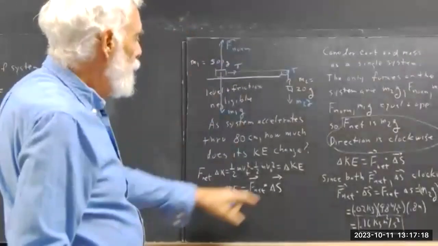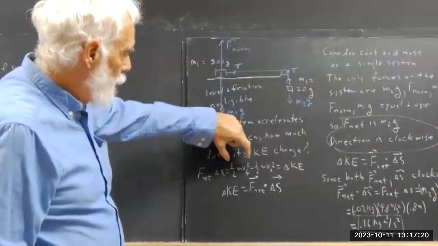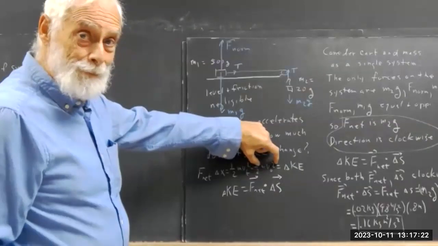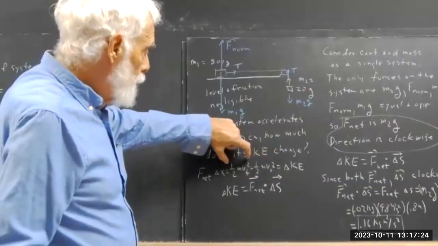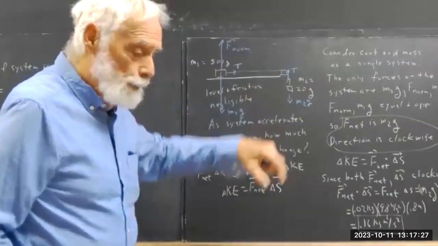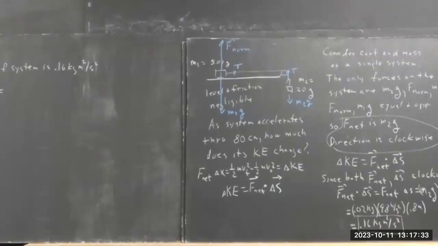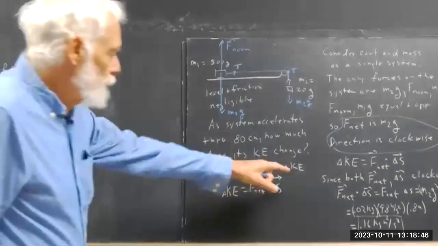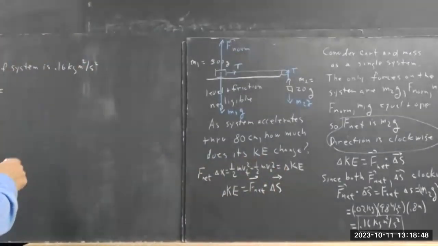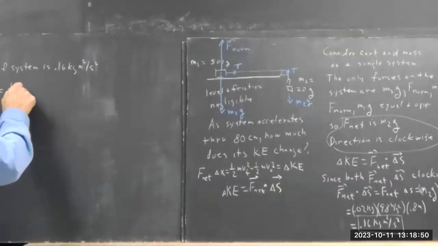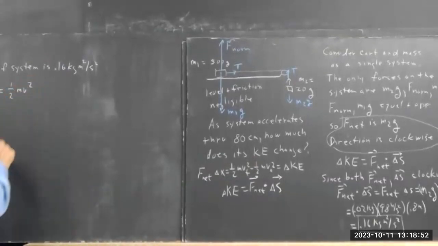Now it's implicit here, the change in kinetic energy is the change in 1/2 mv squared, because you have 1/2 mv squared for the final velocity, 1/2 mv squared for the initial velocity. We've got a question. Again, we know kinetic energy is 1/2 mv naught squared, 1/2 mv squared.